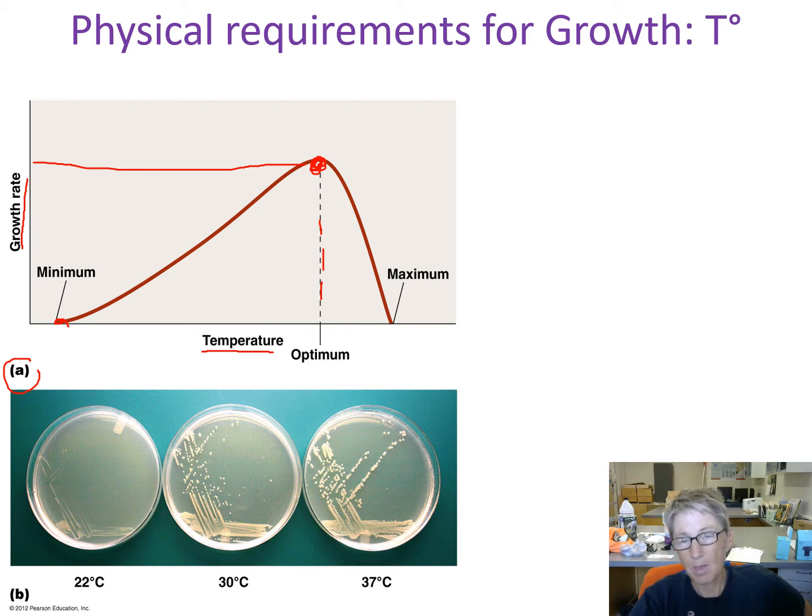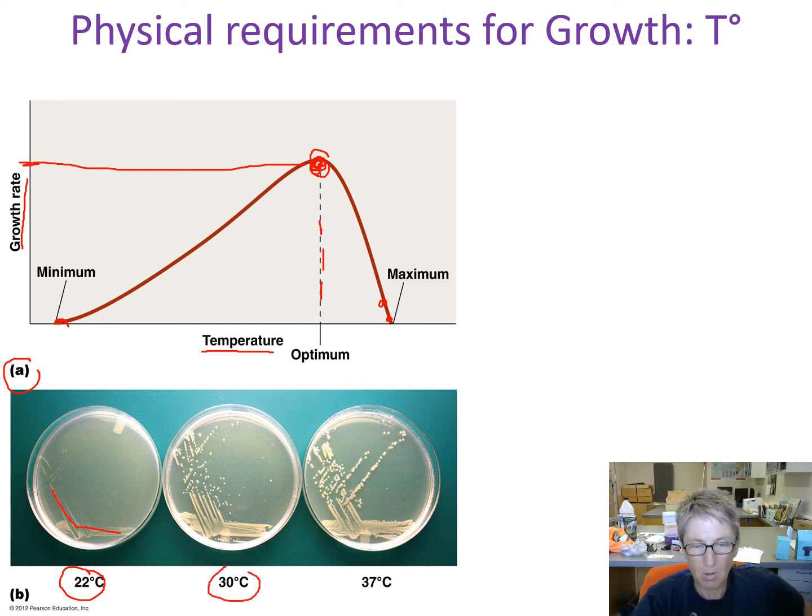It can still grow at these higher temperatures, can still even be growing a little bit here, but this microbe has an optimal growth rate at this temperature. And it's not shown on the y-axis, but down here it shows a microbe, it doesn't say what the microbe is, at 22 degrees C. You can see the growth here and here.